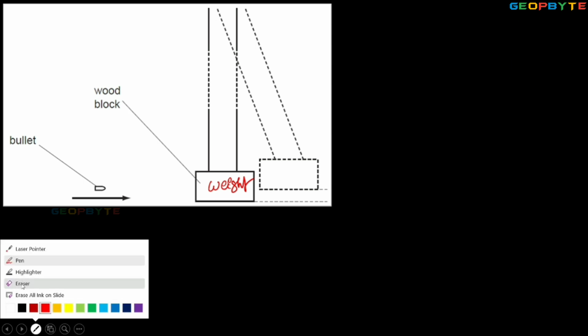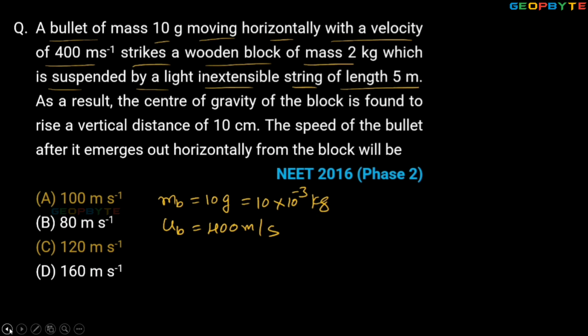This is the weight or block. So it is given block, right? It is given a light inextensible string, wooden block. This is a wooden block. Wooden block is suspended.